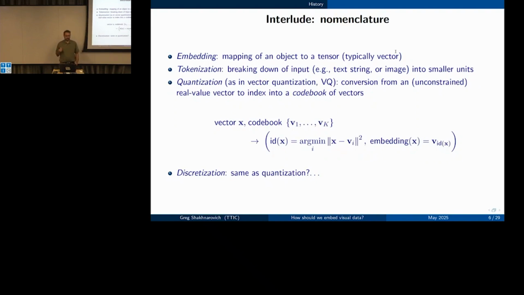Tokenization, for me, is the process of taking input and breaking it down into elements. We'll talk in a moment a little bit about text tokenization. There you have a string of characters or bytes, and you figure out where the boundaries are, right? If you take an image, you can say tokenization is partitioning an image into patches. That's tokenization.